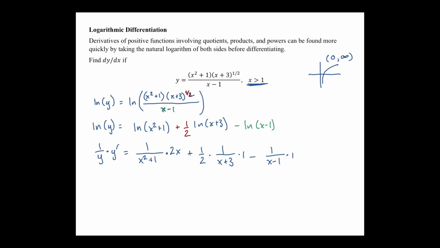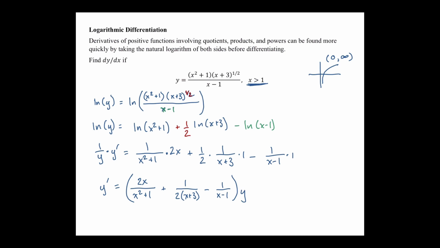And remember, implicit differentiation, you have to solve for y prime. So in the simplest form, y prime is going to be equal to 2x over x squared plus 1, plus 1 over 2 times x plus 3, minus 1 over x minus 1, all of that times y.